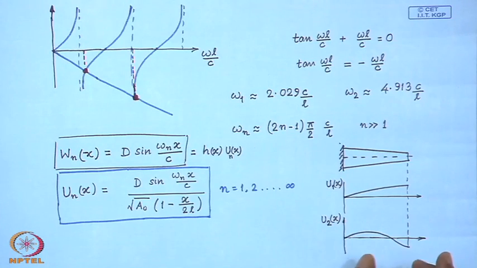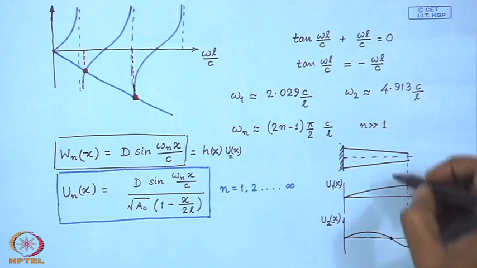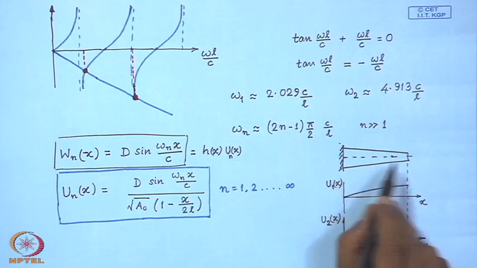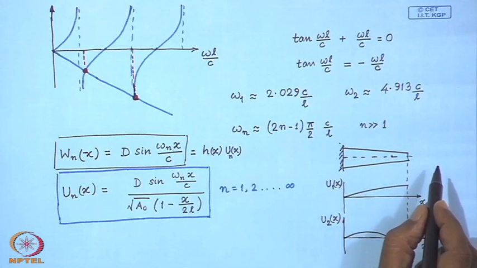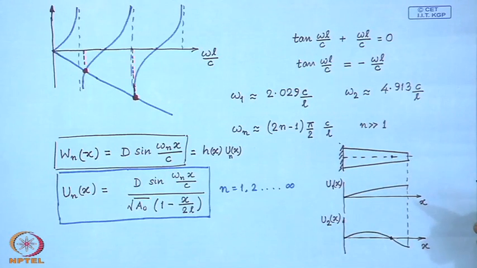These things can be very easily plotted on the computer and visualized. So, here we find a node. This is the node of the bar in the second mode. This point does not move; it always remains in its equilibrium position.